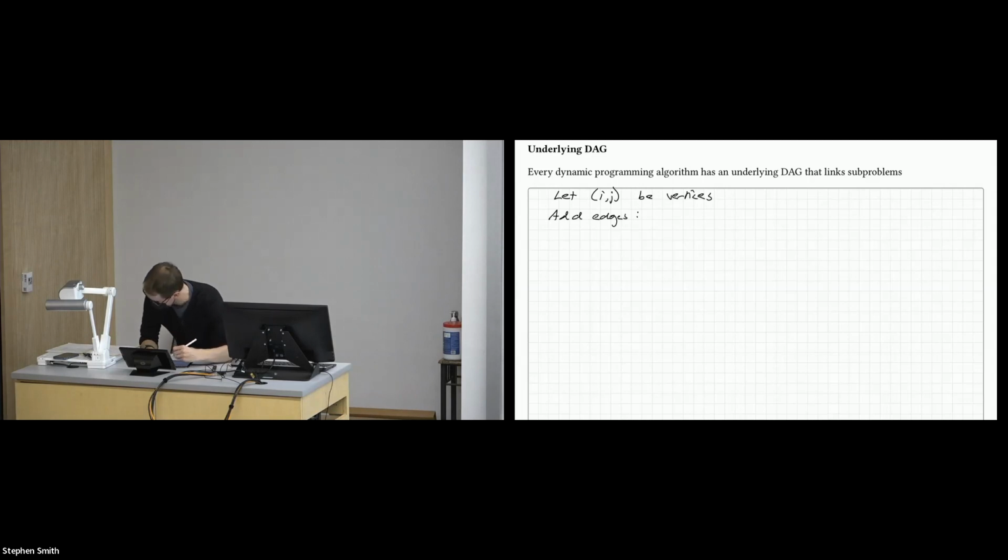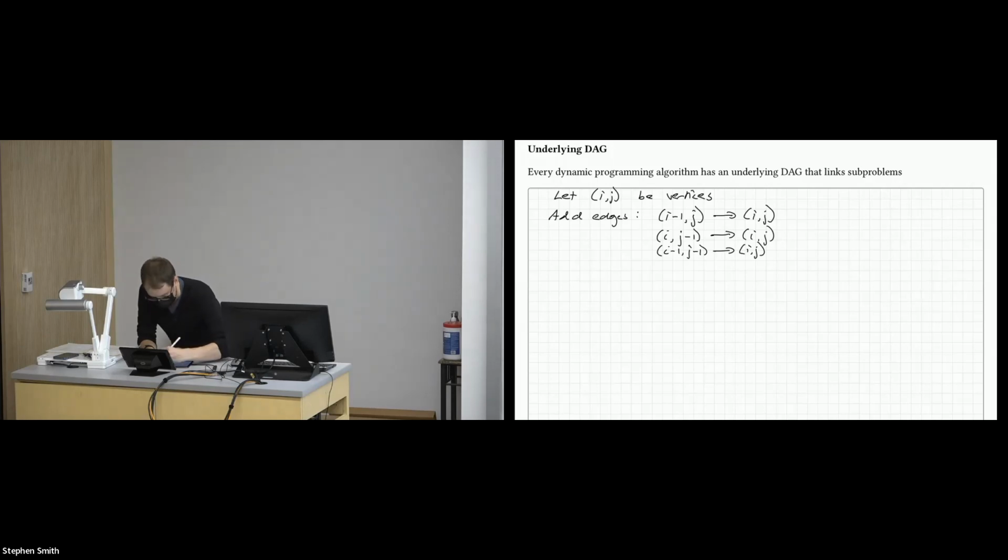I add the edges from (i-1,j) to (i,j). I add an edge from (i,j-1). It's just my linking of the subproblems to (i,j). And I add an edge from (i-1,j-1) to (i,j).